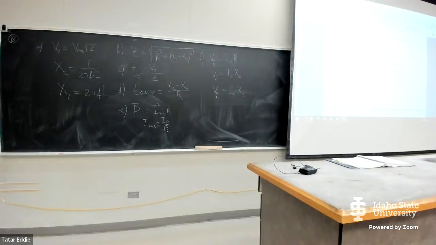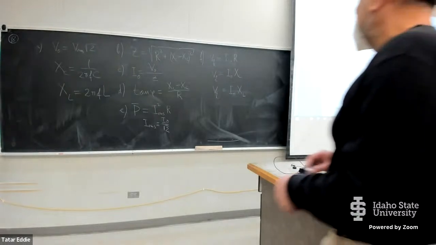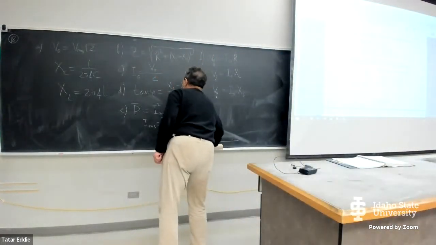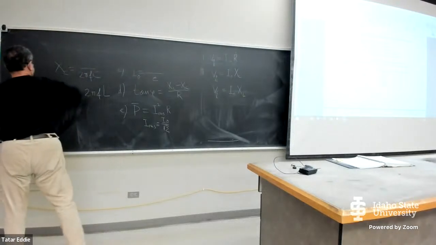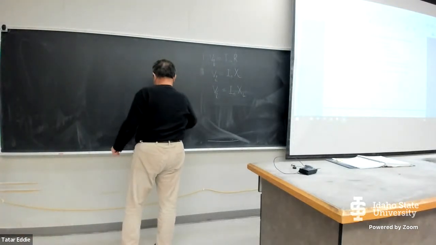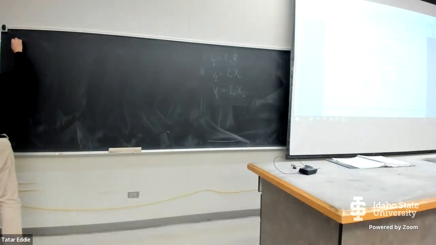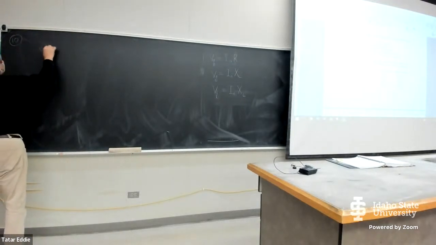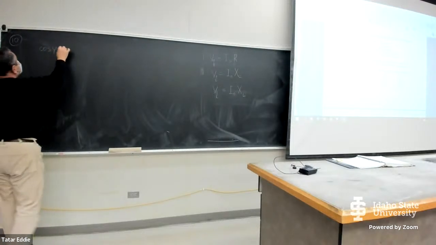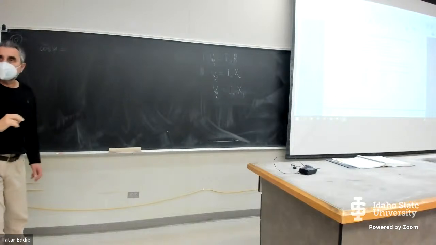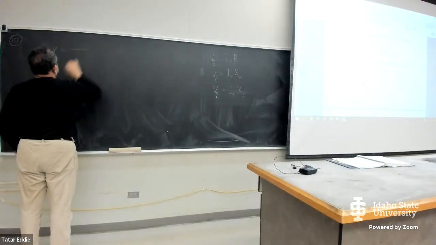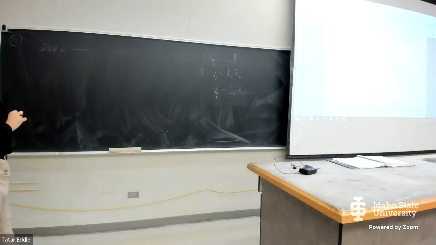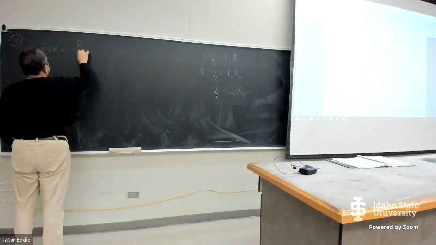So problem number 10 from the practice test. Which of the circuit arrangements will the power factor be non-zero? So power factor is defined as the cosine of the phase angle, and it is equal to resistance divided by impedance.